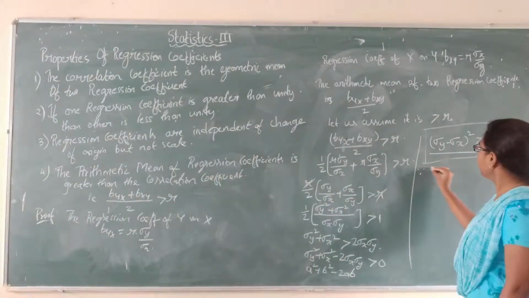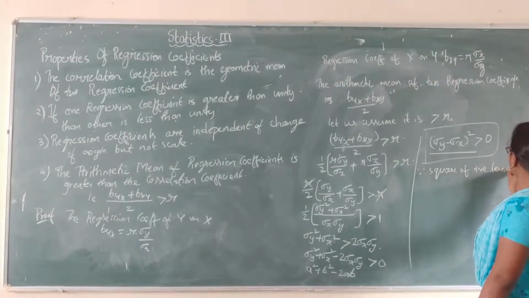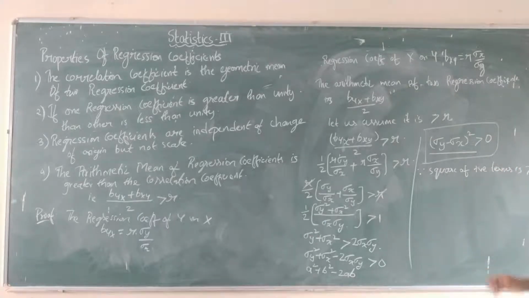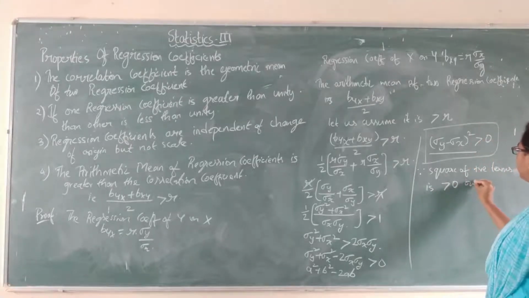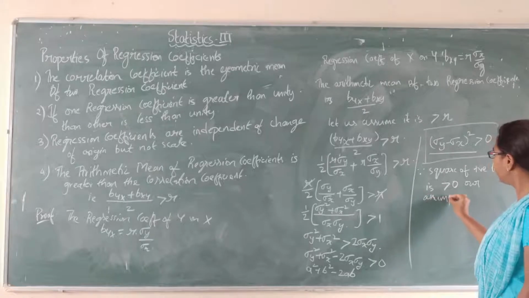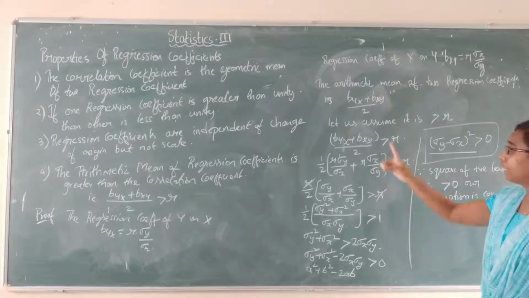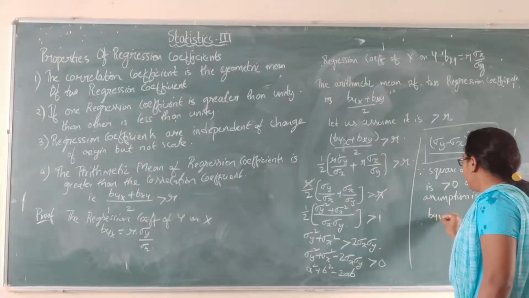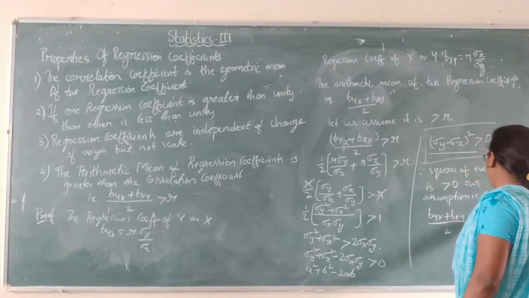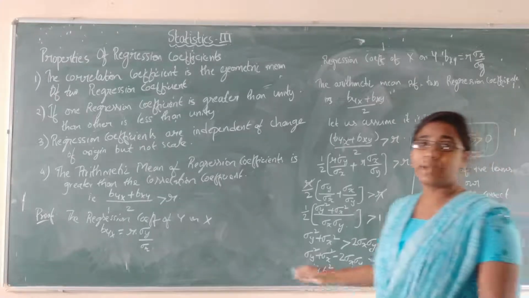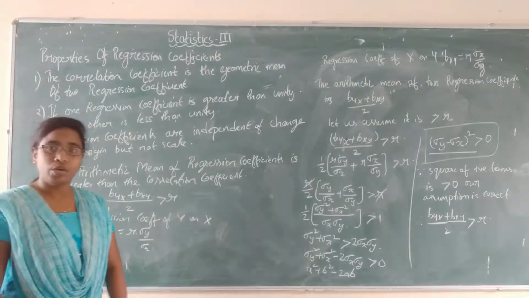Since the square of positive terms is greater than 0, byx plus bxy divided by 2 is greater than r.